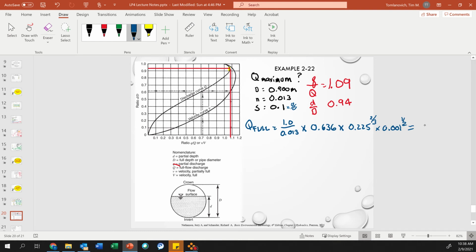So I get 0.572 cubic meters per second when it's full.